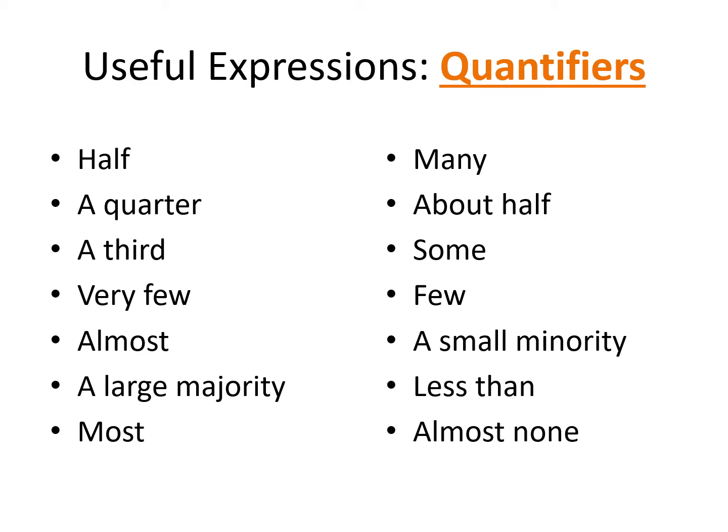For example, half the class or a quarter of the students, a third, very few, almost, a large majority, most, many, about half, some, few, a small minority, less than, almost none.